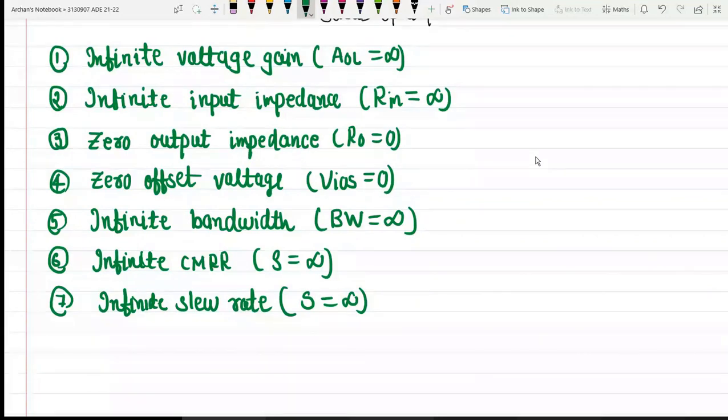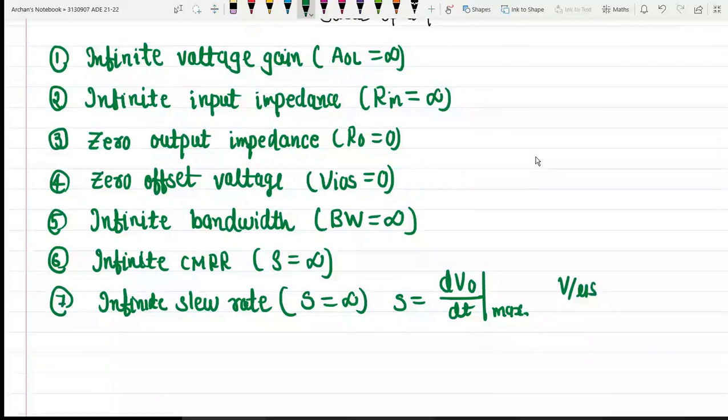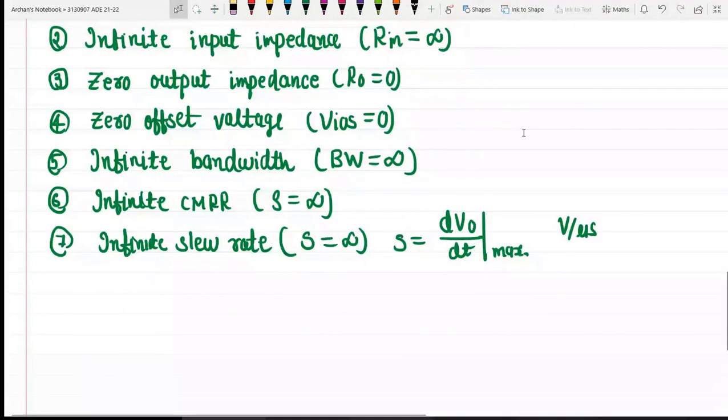This parameter, slew rate, is defined as the maximum rate of change of output voltage with time, and it is generally expressed in volt per microsecond. So the ideal value for slew rate will be equal to infinite.